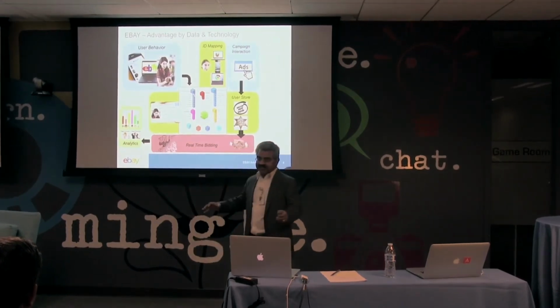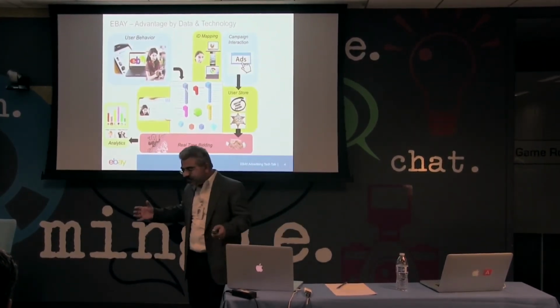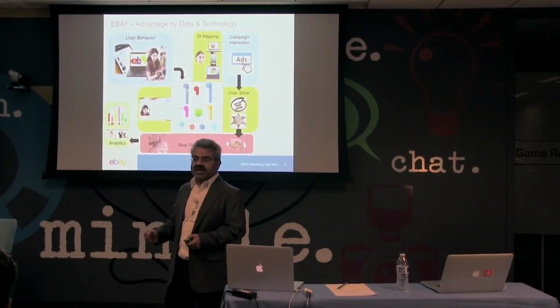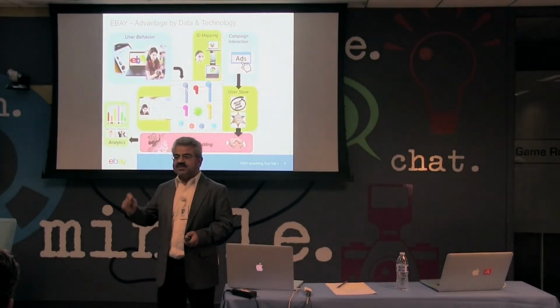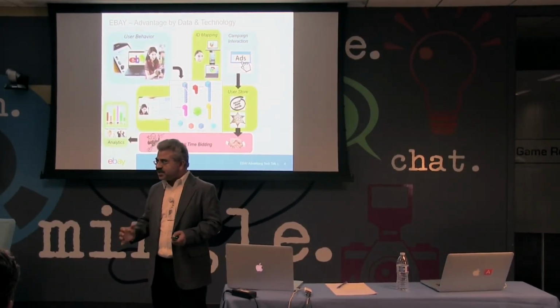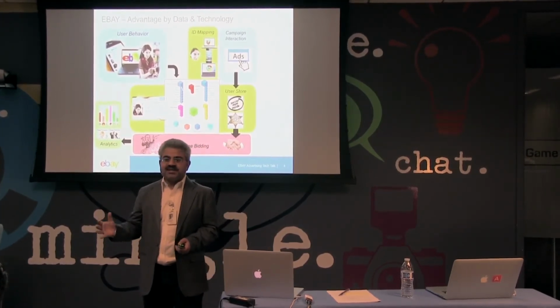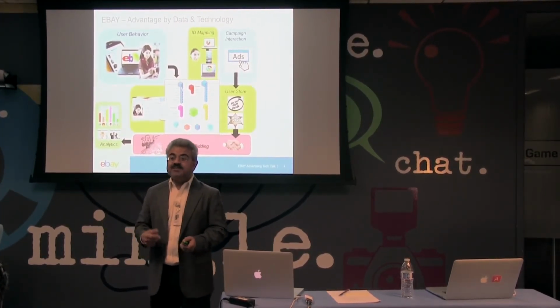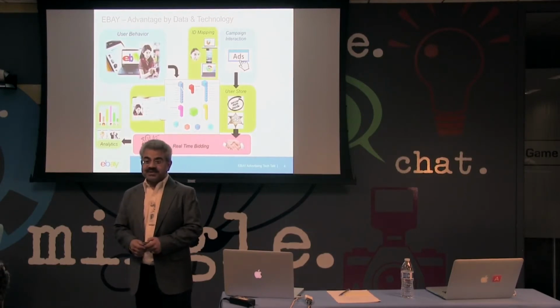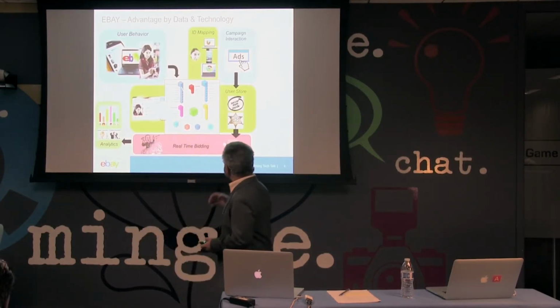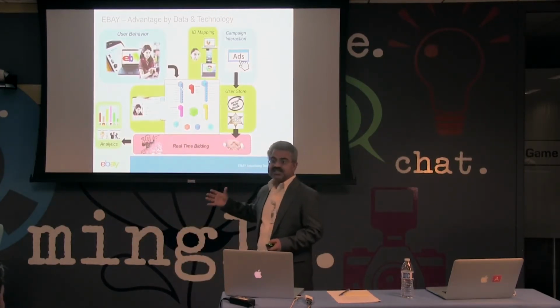So we bring all of this data, using our ID mapping, and now we have a unified view of a user. Every time we listen to an ad request, using that unified view of a user, we are able to segment them. Is this person going to buy a camera in the next 30 days or not? It depends on what kind of campaign we are running. And that information gets assigned and then we bid in the exchanges.